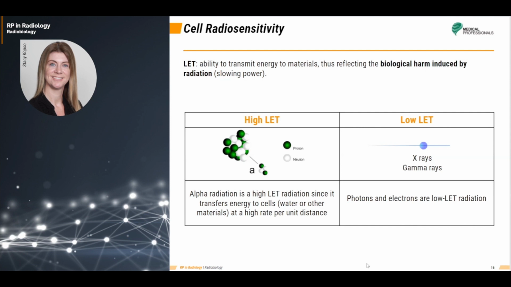In general, radiation with a long range usually has a low LET, while large particulate radiations with short ranges, like neutrons and protons, have a high LET. In addition, LET increases with the square of the charge on the incident particle.